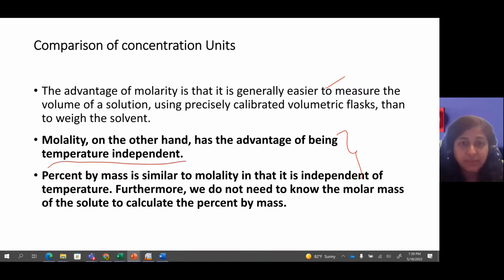You don't need to measure the temperature because there is no volume there. Volume depends on the temperature. That's the disadvantage with molarity. Furthermore, with the percent by mass, we do not need to know the molar mass of the solute to calculate it.